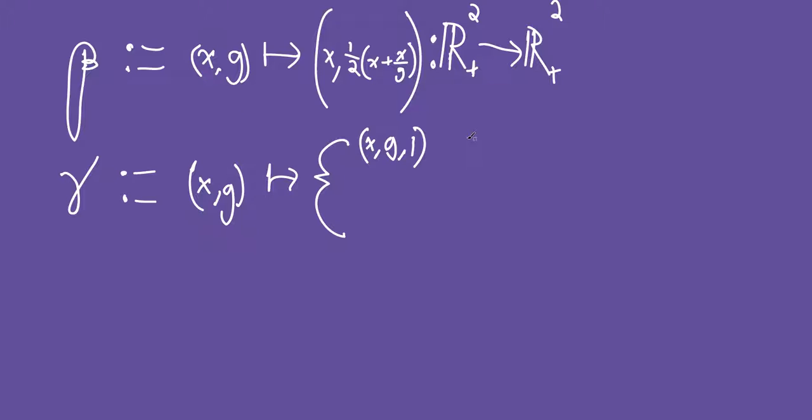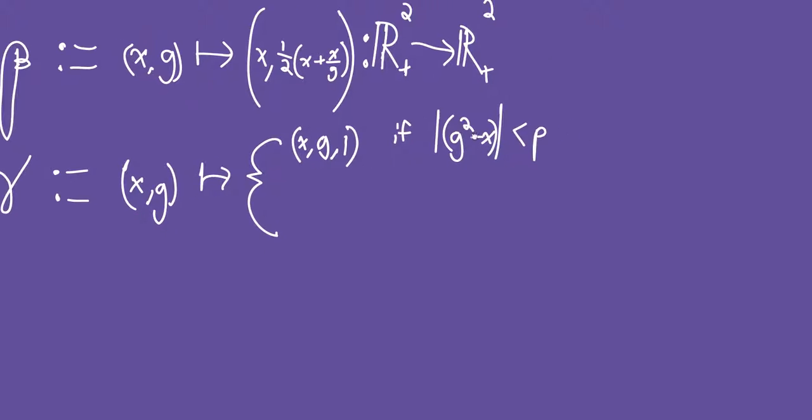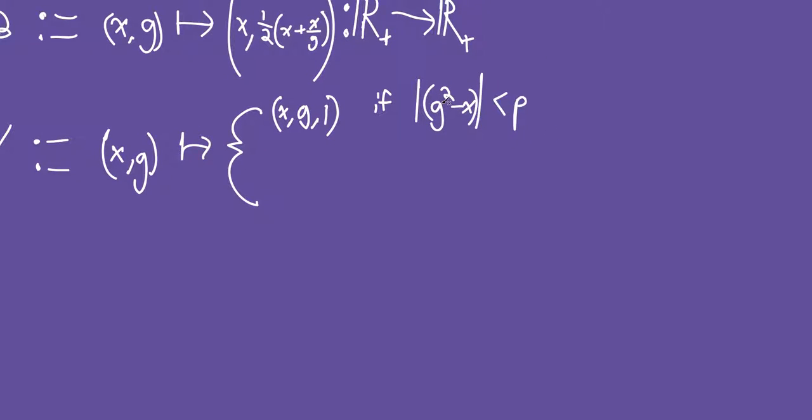So it's not going to change it and it's going to append a 1 to it if this value, let me just write it, is less than p. And what this means is the absolute value of g squared minus x, the absolute value of this quantity, is less than this number p.